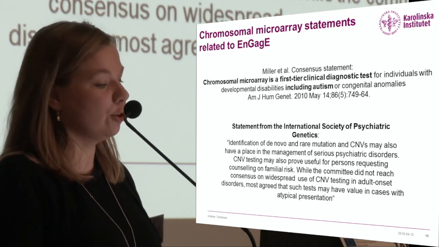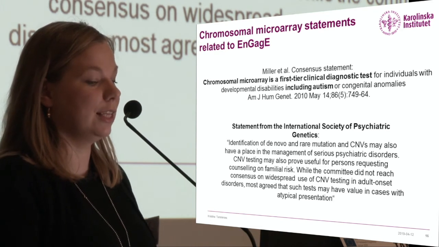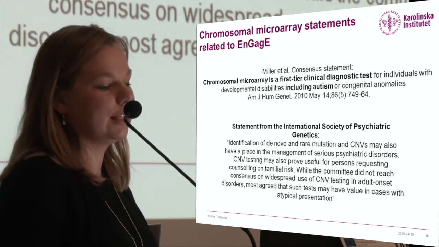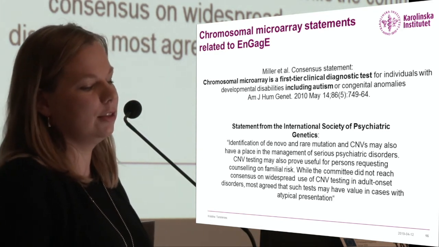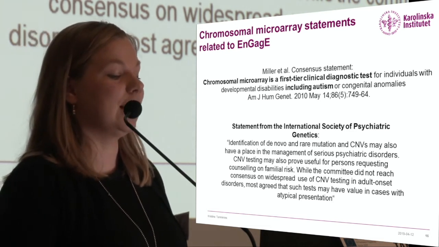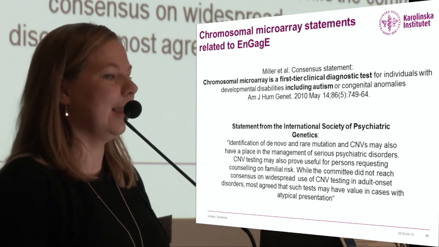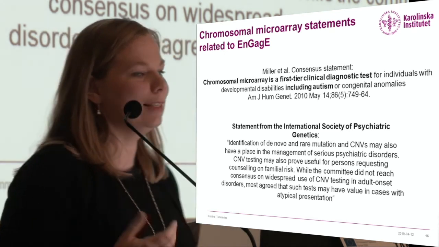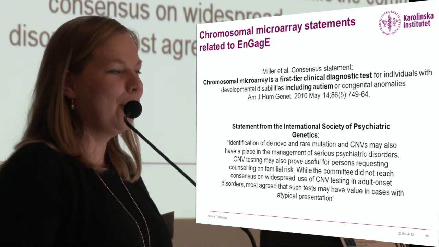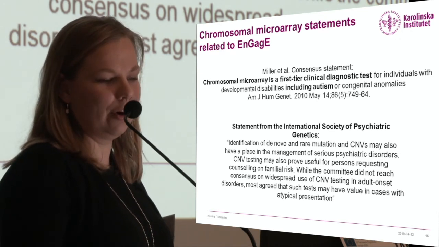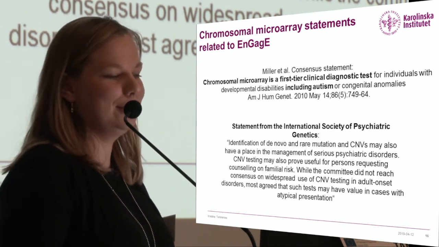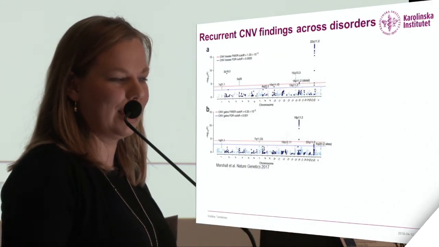While the committee did not reach consensus on widespread use of CNV testing in adult onset disorders, most agreed that such tests may have value in cases with atypical presentation. So I guess this already shows that they agree there is use for this, and hopefully with this network we can also come up with more guidelines and a consensus statement. We'll see after a couple of years.